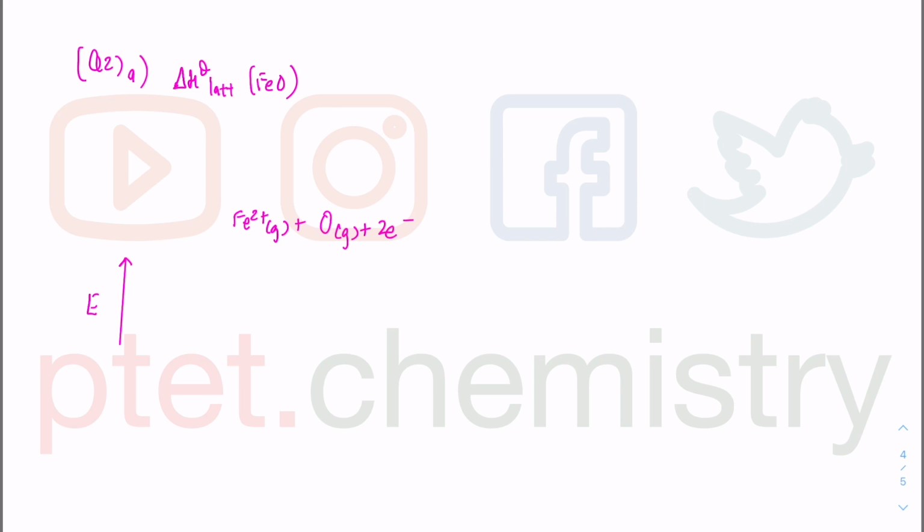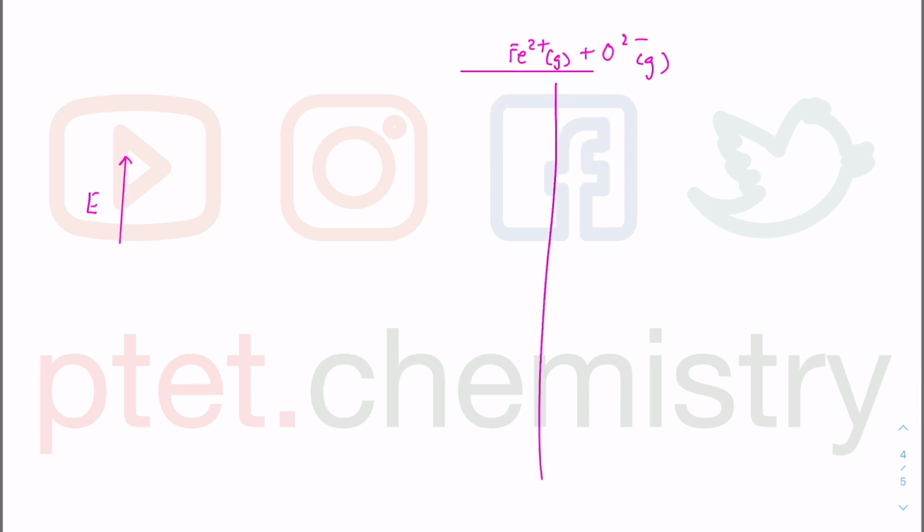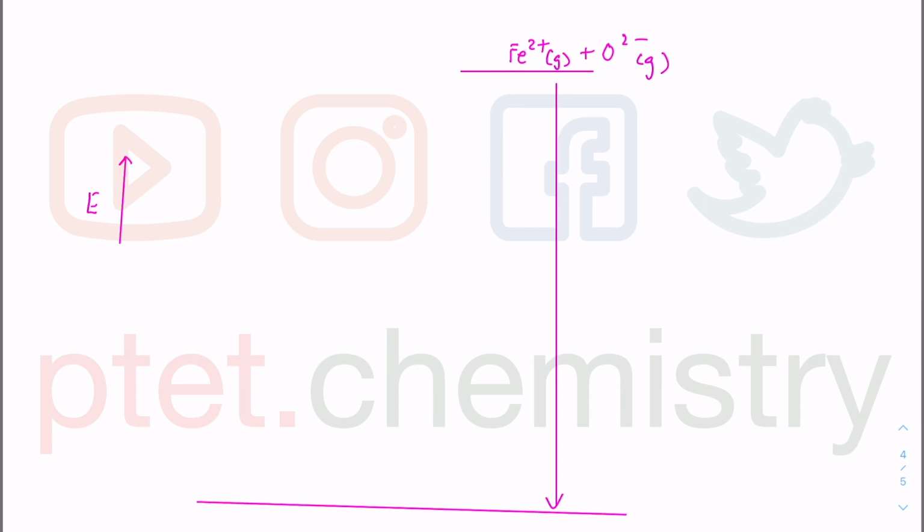As a matter of fact, I think it's probably easier if I actually start from the very bottom and then explain all the way up there. So we do have these Fe2+ gas plus O2- gas, and they go all the way down to this thing which they have labeled FeO solid.